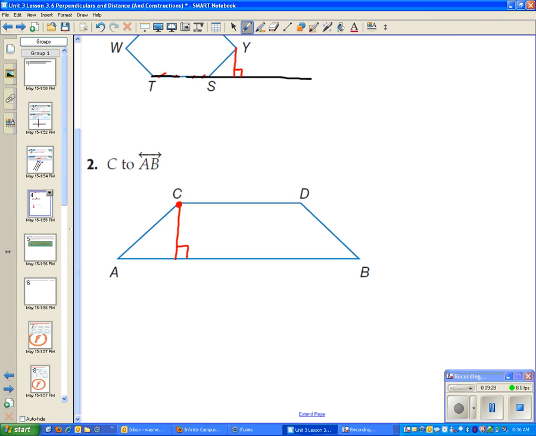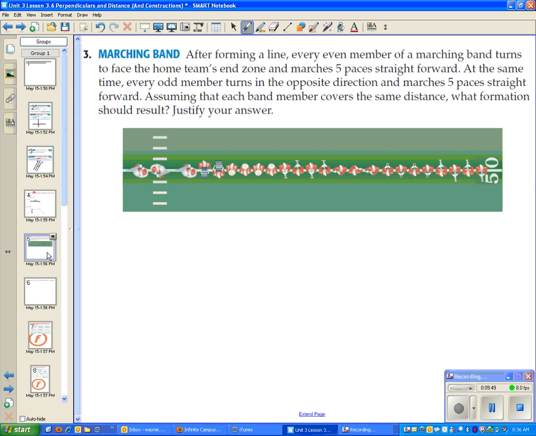It's kind of scary, the level you're operating at now, isn't it? Let's look at number 3. Fortunately, you don't have to draw that.